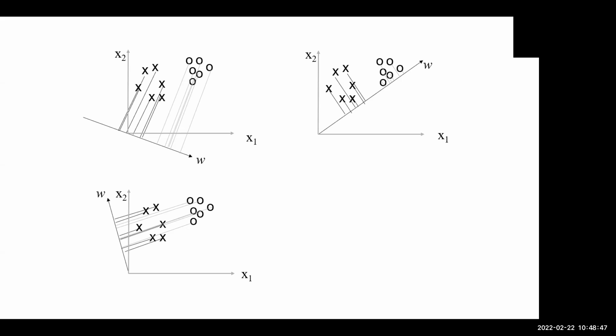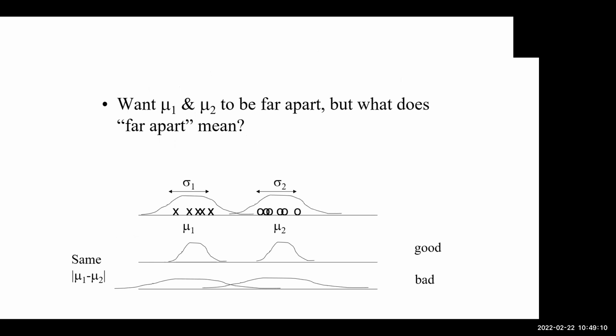Here's a case where we can do linear separability with 0 error. But the same technique applies when there is error, when they're not linearly separable. There, the best would be to separate those means, and let's do the best we can. I think everybody agrees that this lower left is not a good choice. So we want the means to be far apart.